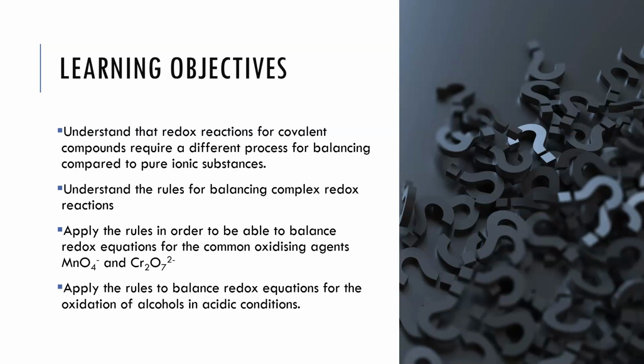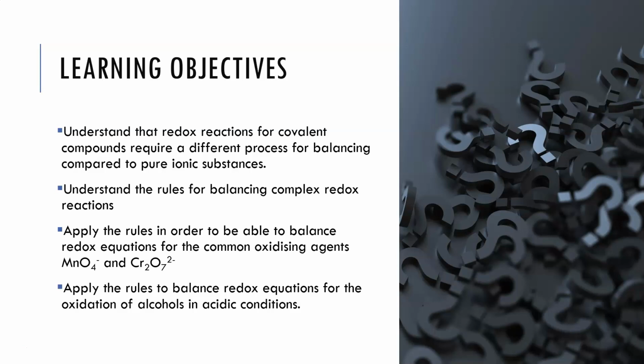With this, we're going to understand that redox reactions for covalent compounds require a different process for balancing compared to pure ionic substances that we've seen in the past. Apply the rules for balancing complex redox reactions in order to balance those half equations. Apply the rules to be able to balance redox equations for the common oxidizing agents permanganate and dichromate.